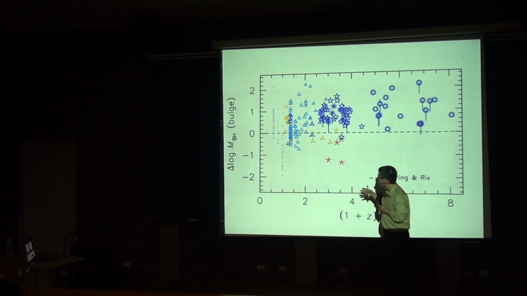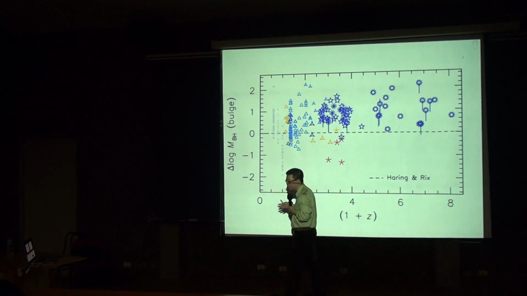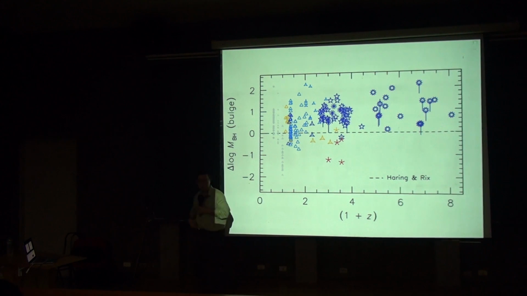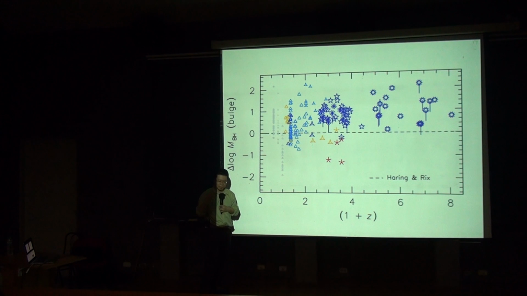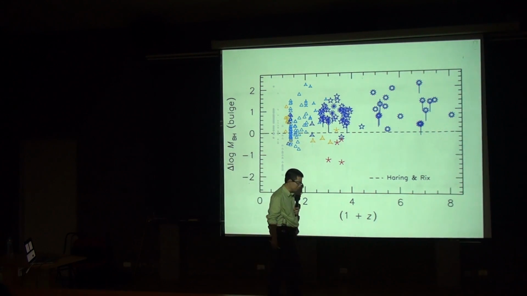So the black holes basically have done all the growing they're going to get. But the galaxy, in order for them to converge to the local line, has to increase by a factor of 10 or 5 or some large factor, okay? How in the world do you do that? How do you increase the stellar mass by a factor of 5 or 10?